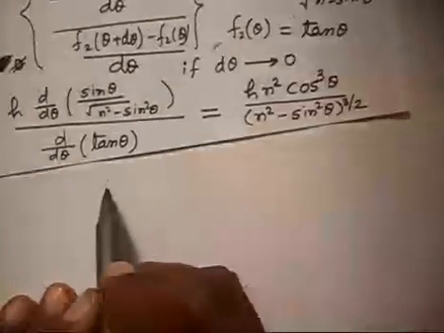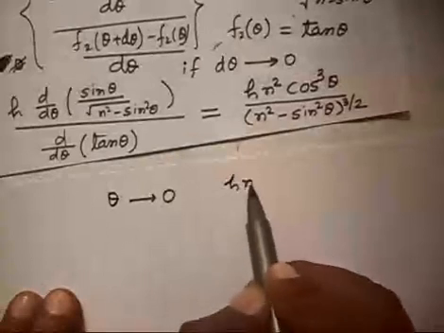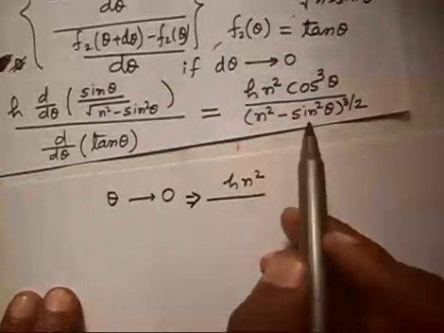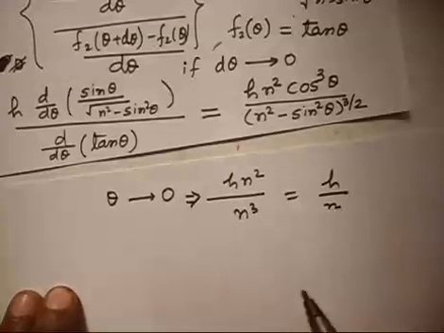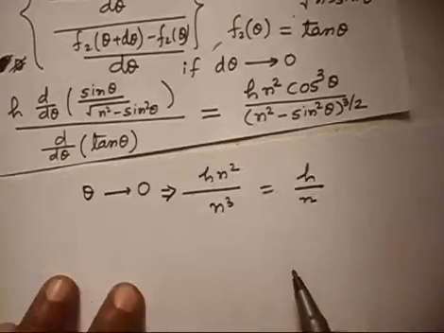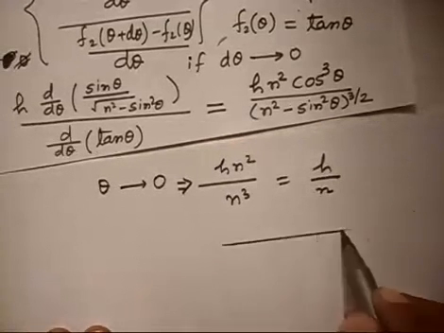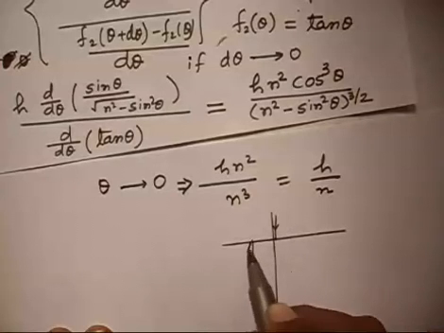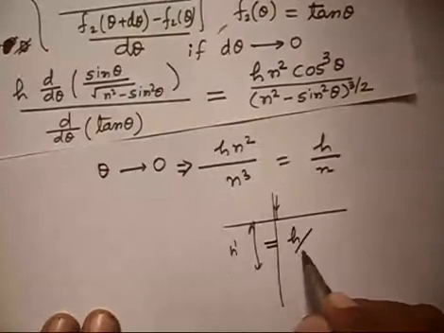so that you can have some idea. So you see, if theta goes to 0 degrees, what will happen? We will have h n square divided by n cube in the denominator. So this will be h by n. So this means you have an object at height h, you are looking from the top, and this height h dash will be nothing but h by n.